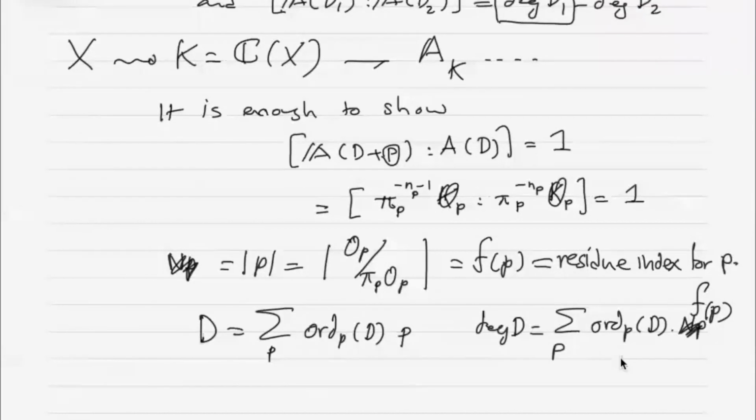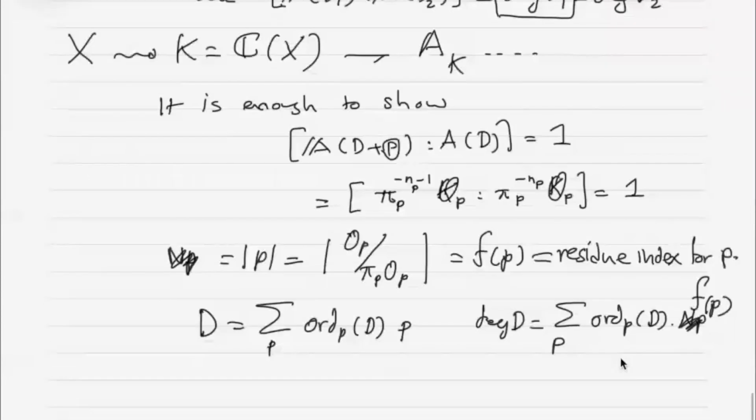So that's the only difference that you have to be careful about when you generalize the Riemann-Roch theorem from an algebraically closed field to a more general field. You have to remember that the degree of the divisor should be defined properly, and the proper way of defining this degree is the way that I'm telling you.